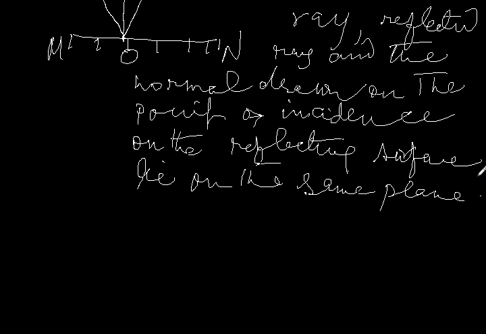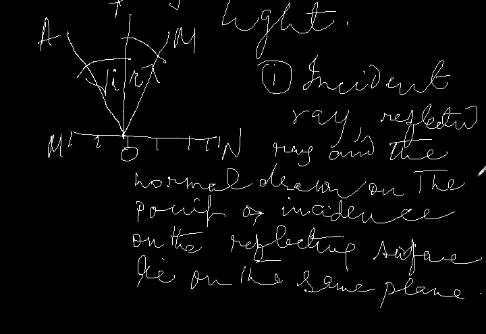This is the first law of reflection of light. Incident ray, reflected ray, and the normal drawn at the point of incidence on the reflecting surface lie on the same plane. Now the second law.